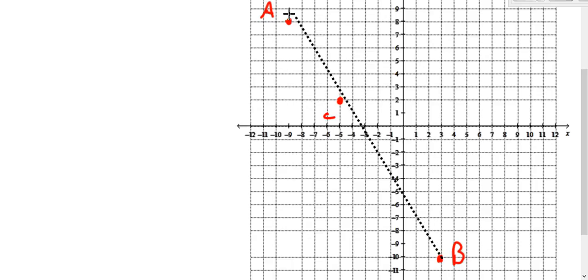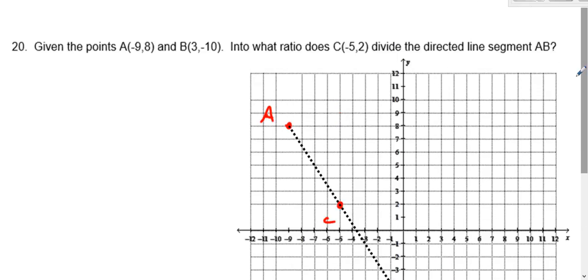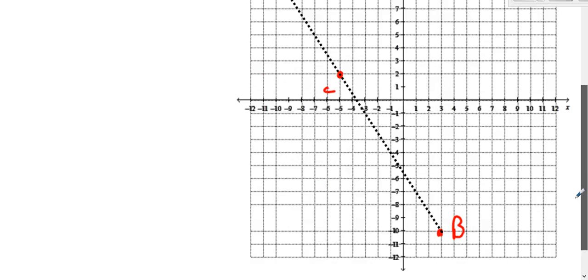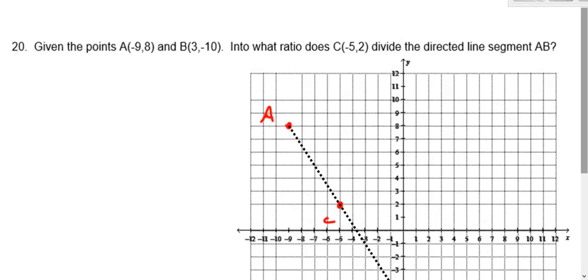When you draw the line connecting them, it should all be collinear. They're all on the same line. You just need to figure out what the slope is of that line, and then count how many times it's done to get from A to C and from C to B, and that will be your ratio.